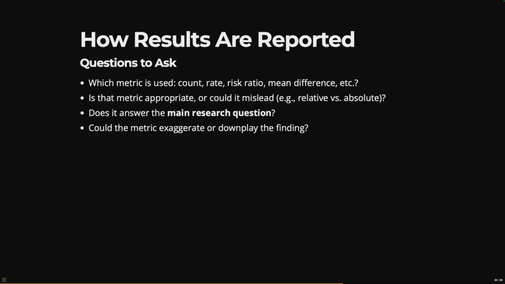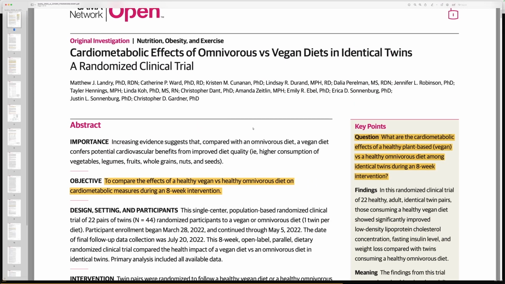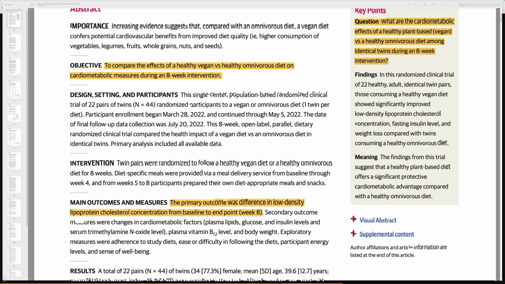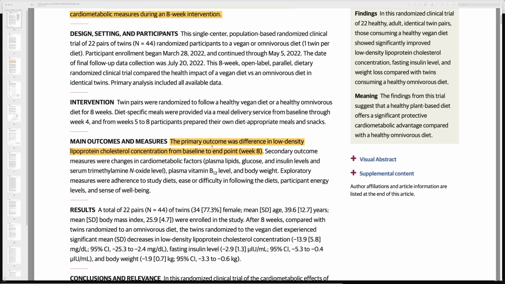We were looking at this cardiometabolic effects of omnivorous versus vegan diets in identical twins. And all we want to do here is find what are those metrics that they're using. Okay. And often they will say that in the methods, but here I think they actually will say that in the main outcomes and measures. So it's basically a difference in low density lipoprotein cholesterol concentration from baseline to endpoint.